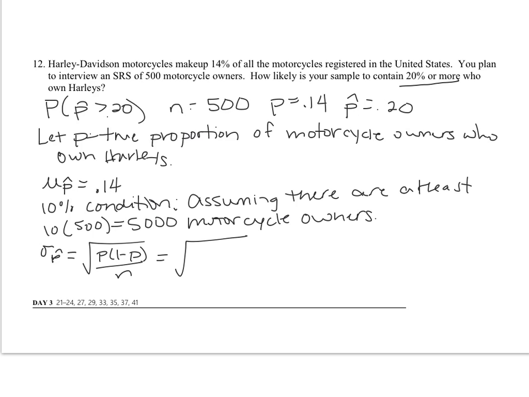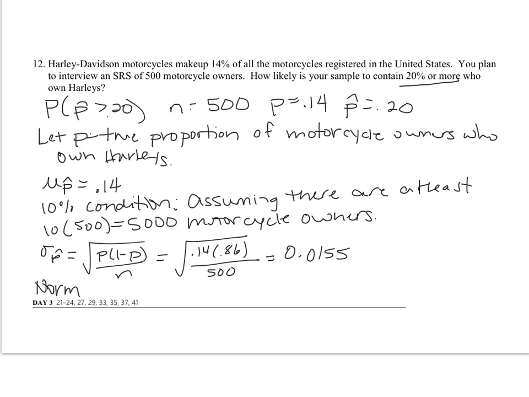So this is equal to the square root of 0.14 times 0.86, that is 1 minus 0.14, over 500. I almost did what I told you not to do. And we get 0.0155.